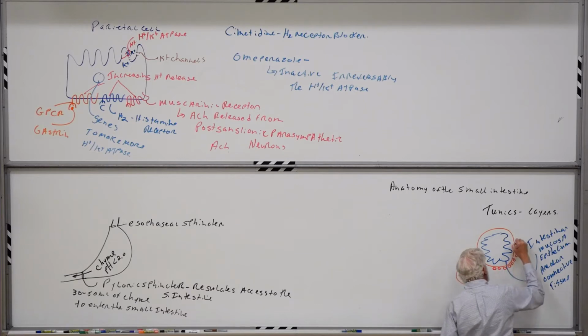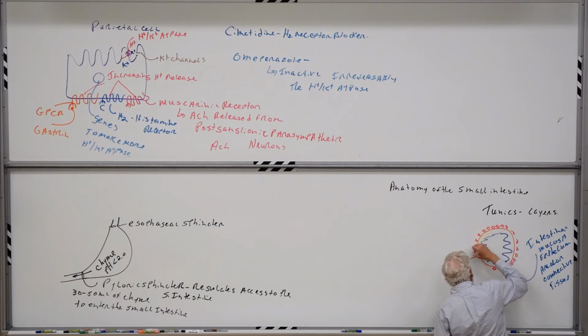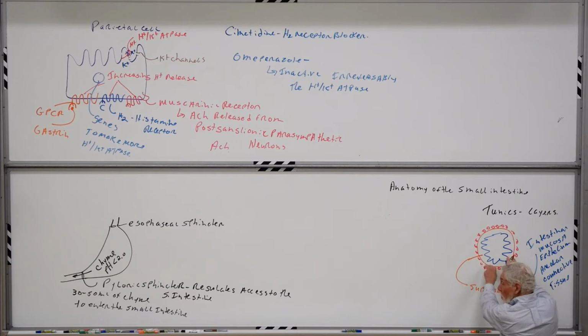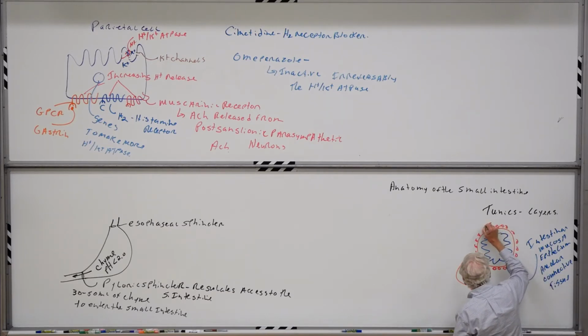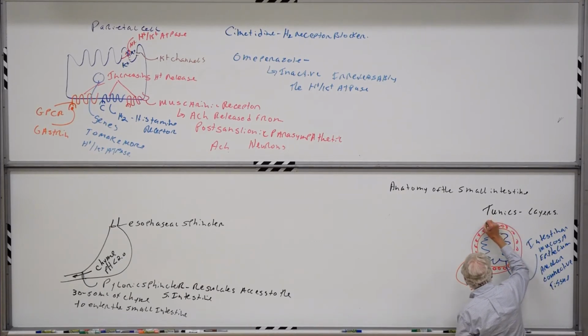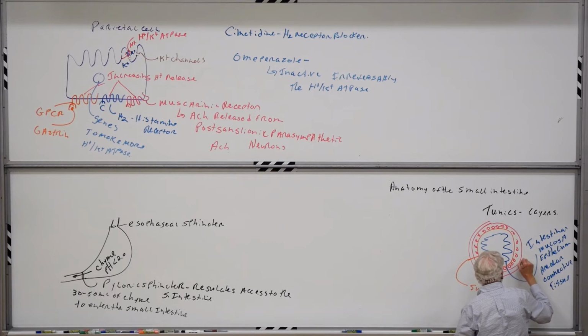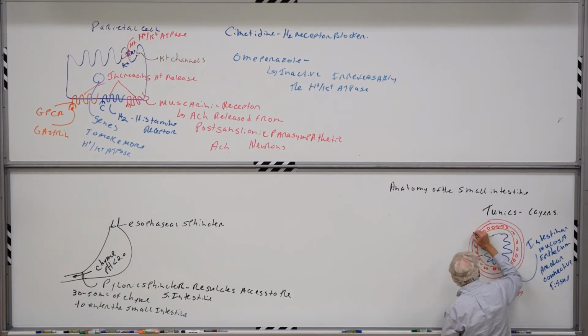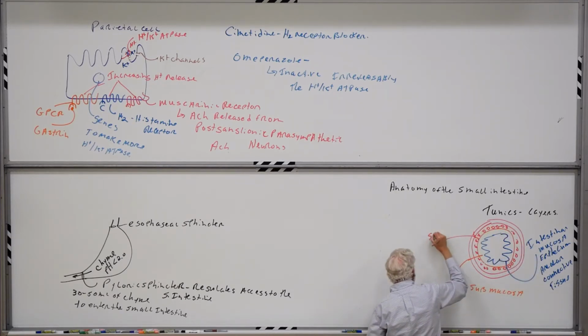Now, in contrast to the stomach, where we had 3 layers, a longitudinal, a circular, and an oblique, we only have 2 layers here. We have one that's running parallel with the axis of the small intestine, and then there's another one that basically runs around the small intestine. And this is meant to be smooth muscle.